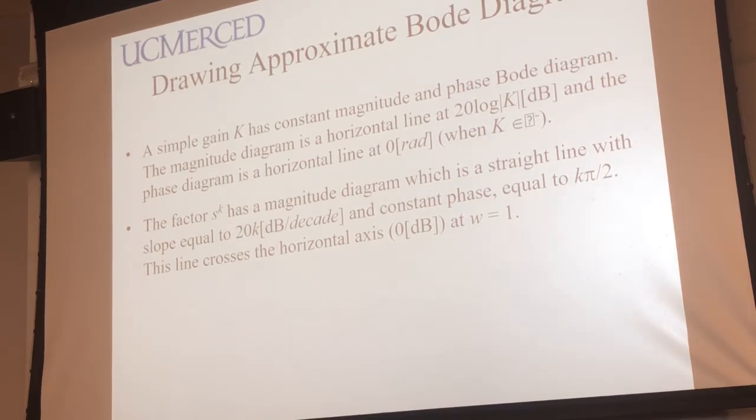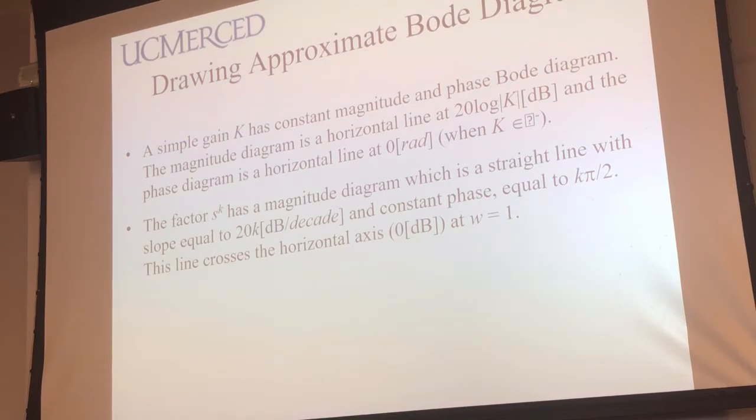The typical one is a constant K. Then the magnitude is also a constant, and the phase will be 0. So your dB is simply 20 log K. You put things up and down, like floating things up and down.